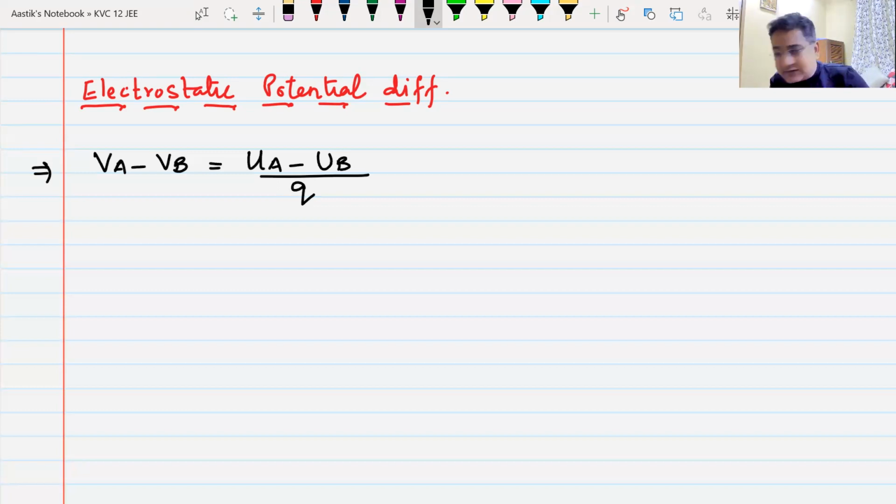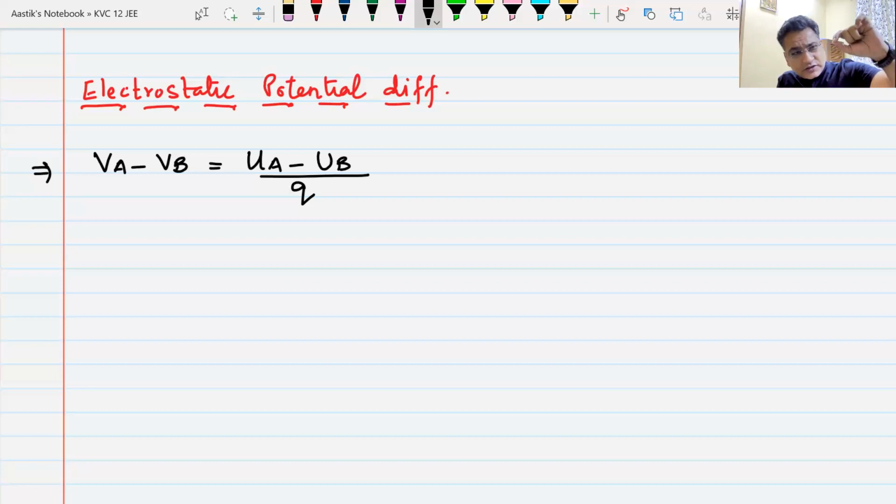So now you can understand this concept of electrostatic force, electrostatic field, electrostatic potential, and electrostatic potential energy in this way. Suppose you have a point charge in this space.